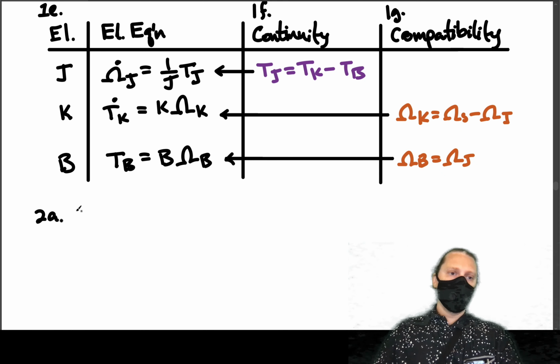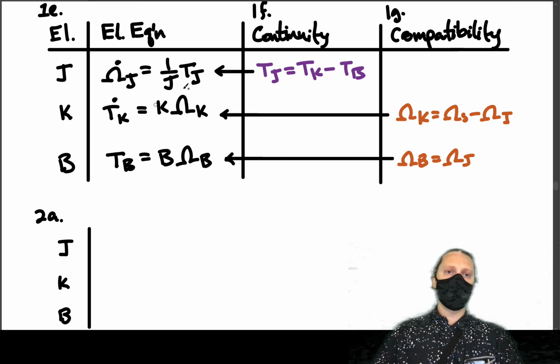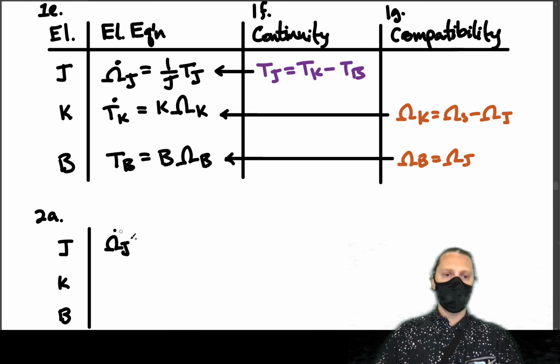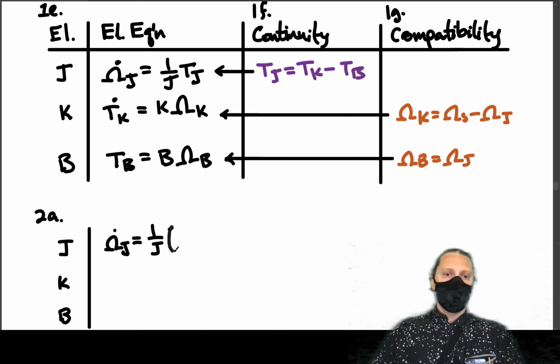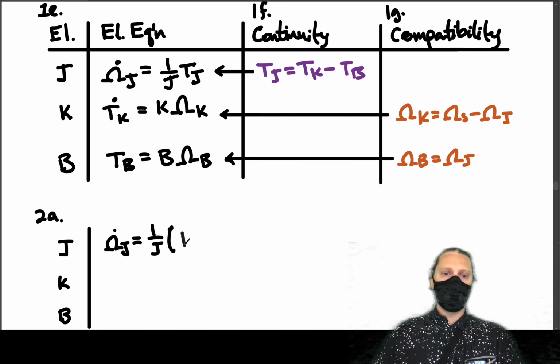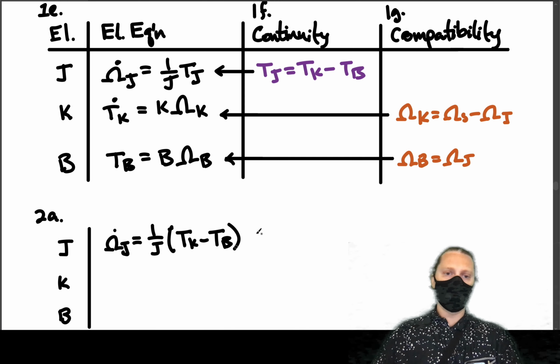So 2a, we can rewrite our J, K, B elemental equations with the substitutions. So omega J dot equals 1 over J. Instead of T_J, we have T_K minus T_B, substituting in the purple equation.